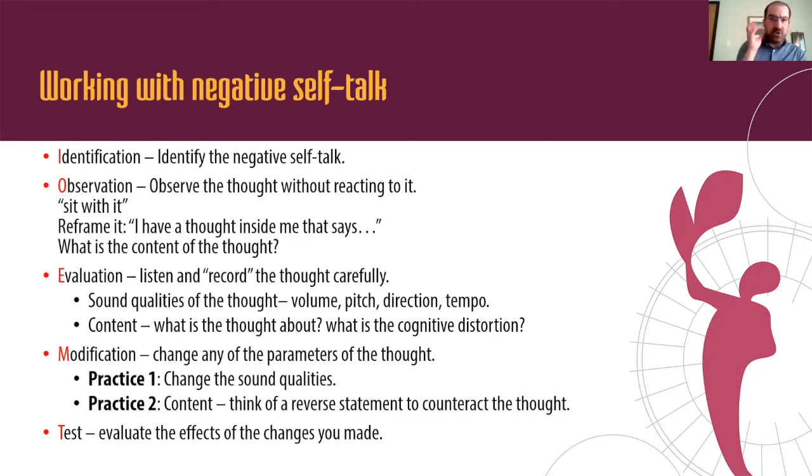If there's an inner critic, do we hear it in a specific way, with a specific volume, specific pitch, and so forth? Also, we want to identify what the content is, what the thought is about, and especially after what we've done, what the cognitive distortion of that thought is.